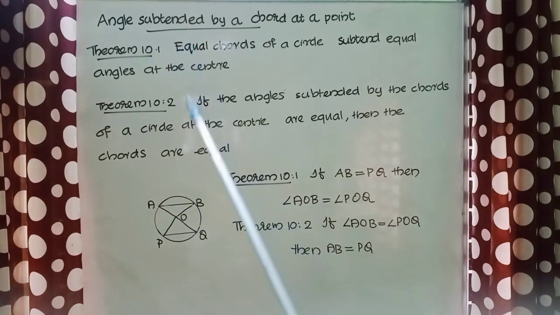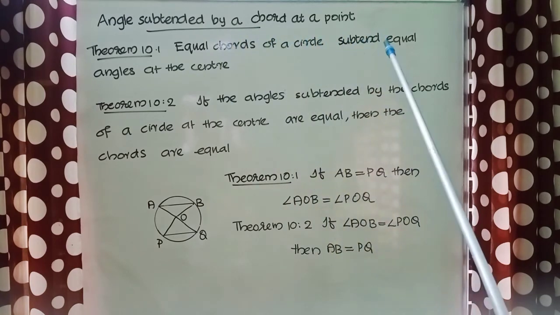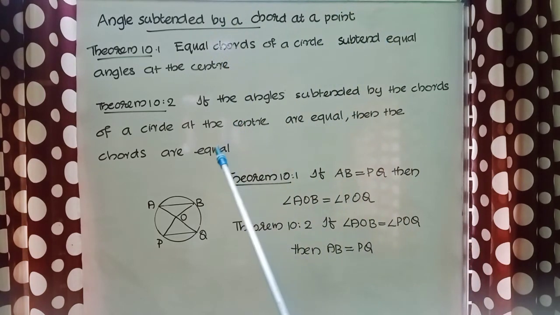Then theorem 10.1 says that equal chords of a circle subtend equal angles at the center. That means if the chords are equal, then the angles subtended by that chords are also equal. That is, if the length of AB and PQ are equal, then we can say this angle AOB equal to angle POQ.